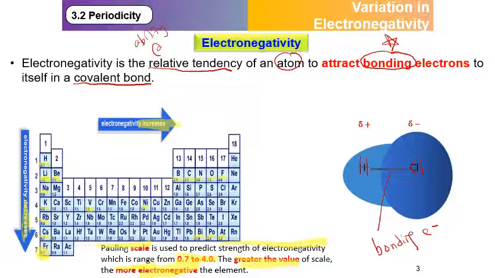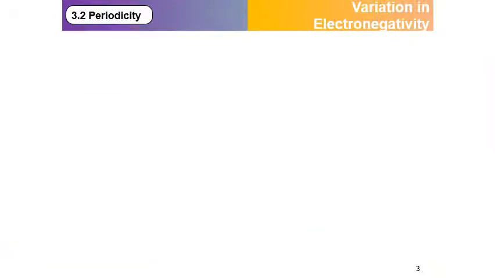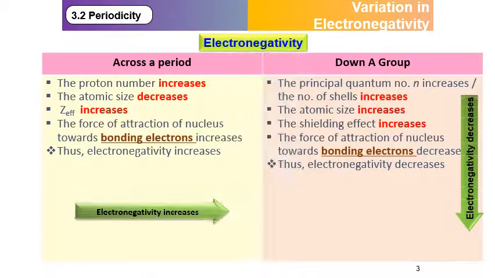After going through the trend, now we are going to explain the variation across the period and also down the group. Across the period, proton number increases, atomic size decreases, which means the effective nuclear charge also increases.